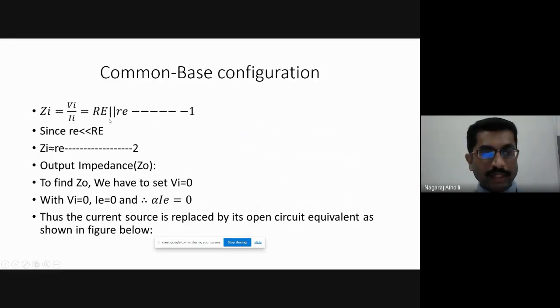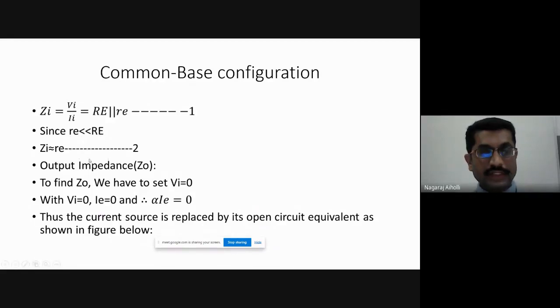But we know that capital RE is very, very much larger than small re. Therefore, the parallel combination of a large value with a small value is approximately the smaller value. Therefore, Zi is approximately equal to small re, because capital RE is larger than small re.